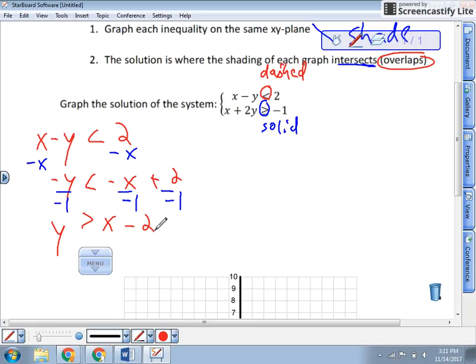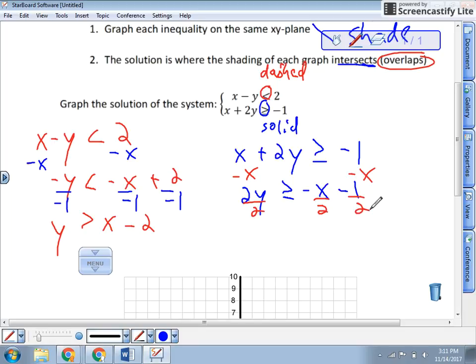I'm going to solve the second one first, then we'll graph each of these. Our second one is x plus 2y is greater than or equal to negative 1. I want to get y by itself, so I subtract x. I'll have 2y greater than or equal to, keeping the x in front, negative x minus 1. One step away: divide everything by 2.